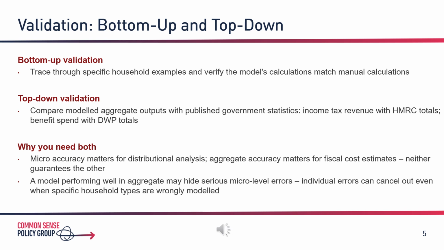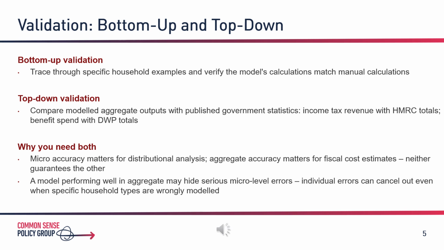The counterintuitive finding is that these two forms of validation are not equivalent. A model can achieve good aggregate performance while getting individual household calculations systematically wrong because errors at the household level cancel out when summed across millions of households. And a model that gets every individual calculation precisely right may still produce inaccurate aggregate totals if the underlying data is systematically unrepresentative in ways that grossing factors cannot fully correct.